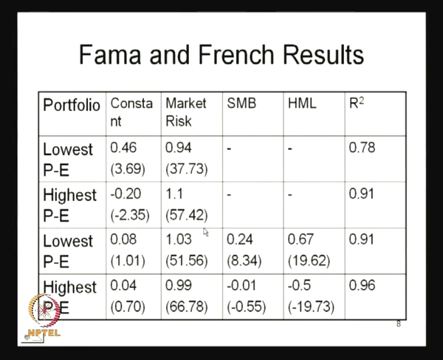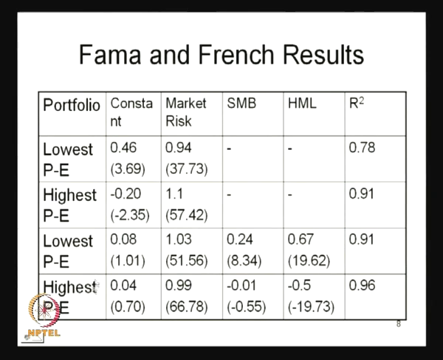But whenever Fama and French included these another two variables, SMB and HML, they found that these two variables are also highly significant, because the bracketed values are basically the t statistics and these are the regression coefficients, and if you observe, these are quite high econometrically. That itself shows that these are quite significant.